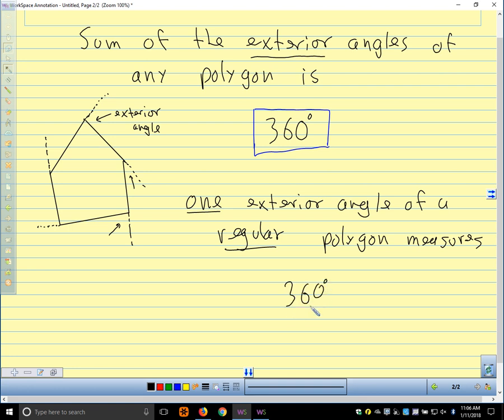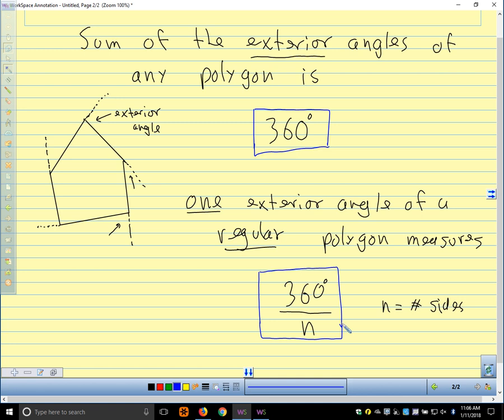All of them are the same. So what are we going to do to find one of them? Divide by the number of sides again. 360 divided by n, where n equals the number of sides. So the exterior angles together are always 360. If we have a regular polygon, all those exterior angles are the same, so we divide by the number of sides. So those are our four main polygon angle formulas.